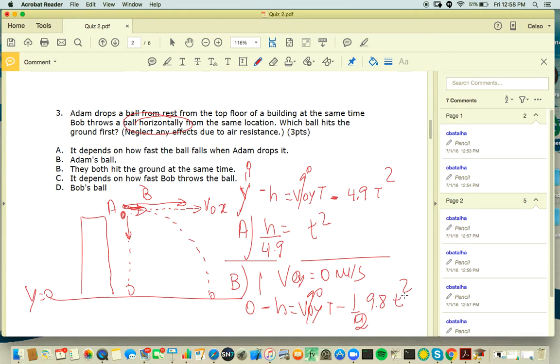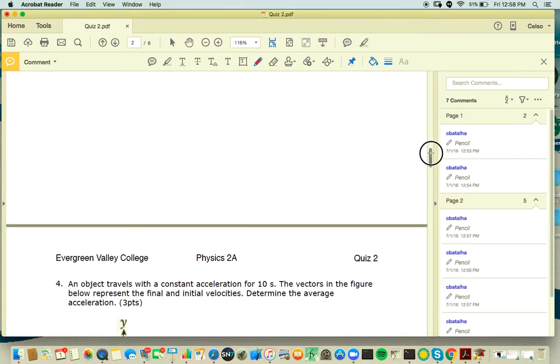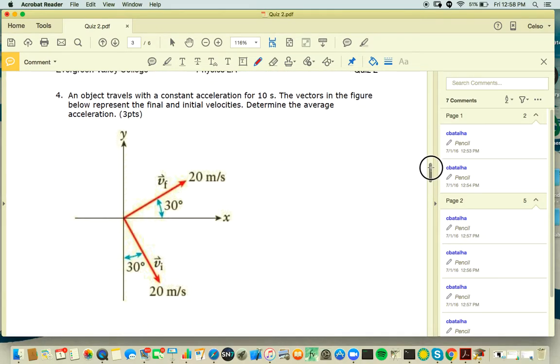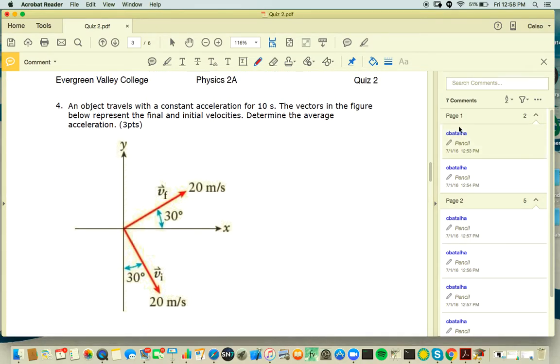So the time is going to be the same, right? The equation is basically the same. So you find your h for Bob divided by 4.9 is equal to t squared, and the time is absolutely the same. And that's what we have been emphasizing in the classroom: for projectile motion, the y direction is pretty much a free fall type of situation.